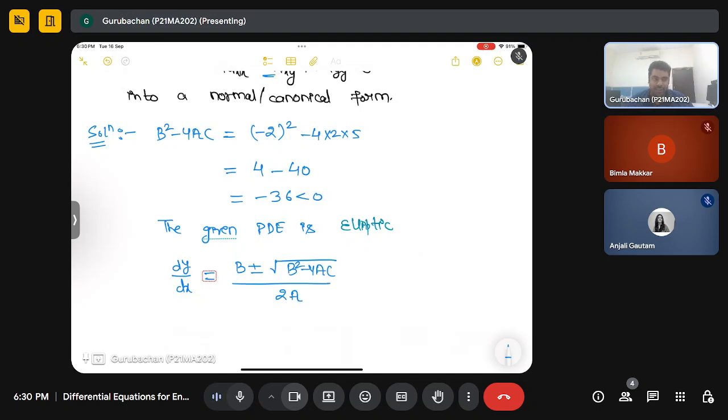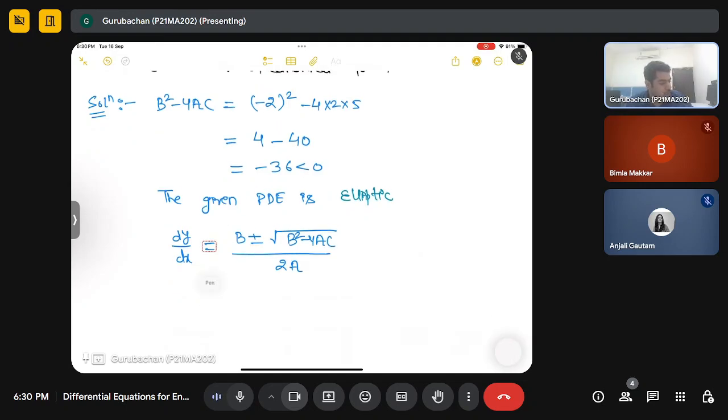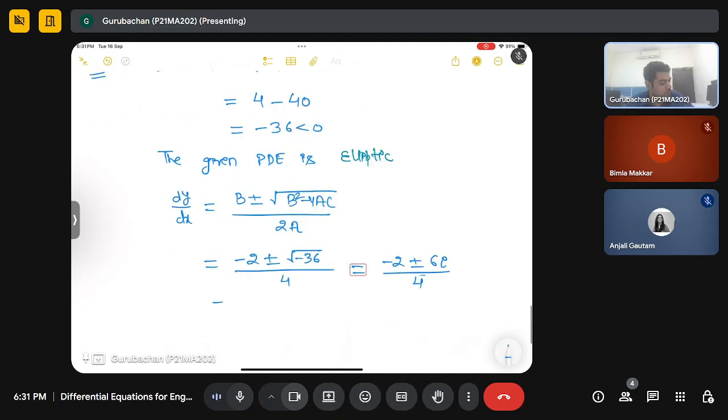With this we can get the characteristic equation. So this will be minus 2 plus minus under root minus 36 divided by 4. So this will give us minus 2 plus minus 6 iota divided by 4, which gives minus 1 by 2 plus minus 3 by 2 iota.